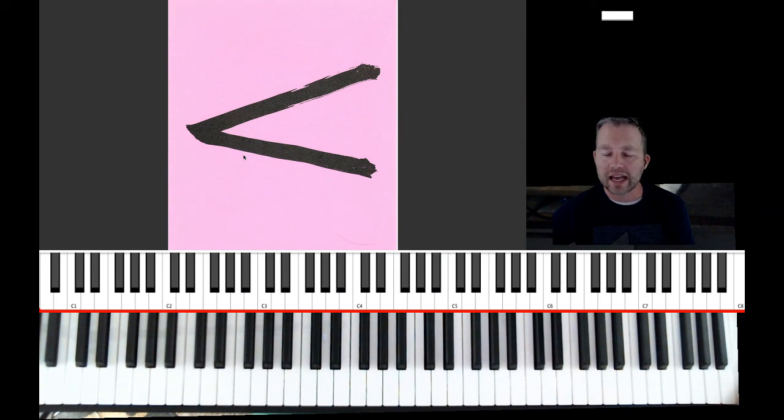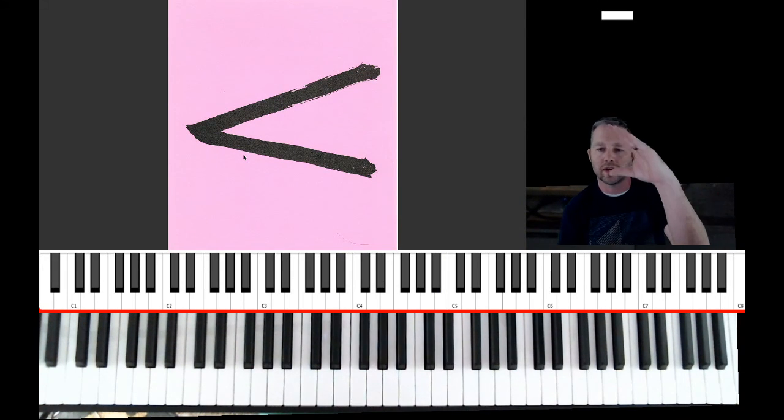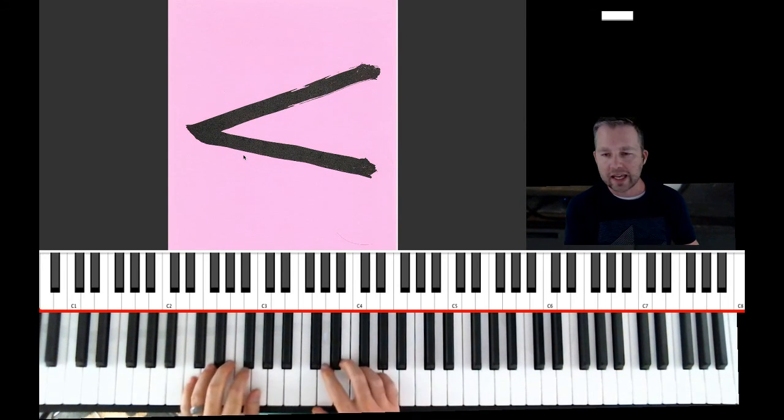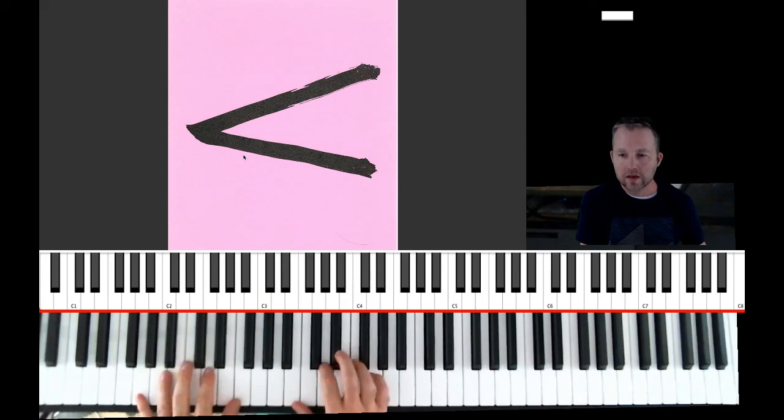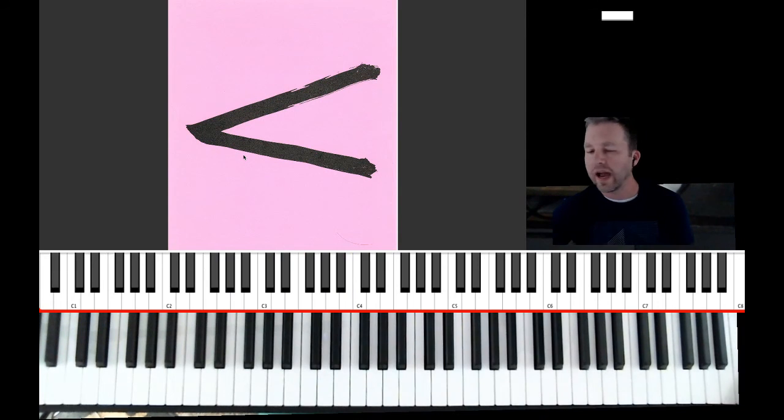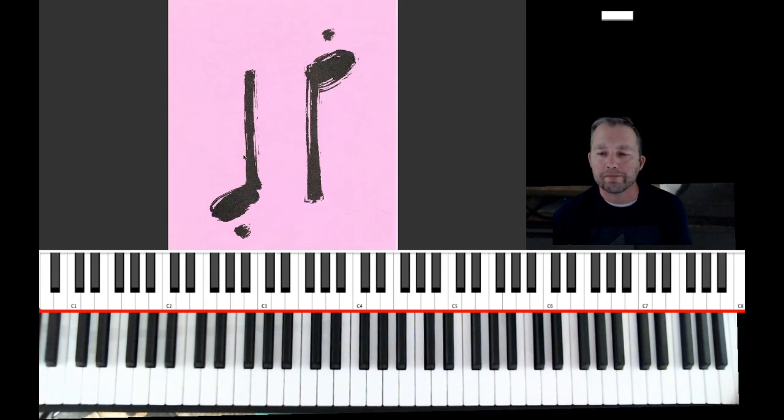An accent sign, I call this the motorcycle ramp because it looks like you're going off a ramp, and that just means to emphasize a note or accent a note. And those three were accented, they were stronger. If you see this, these are dots called staccato notes.